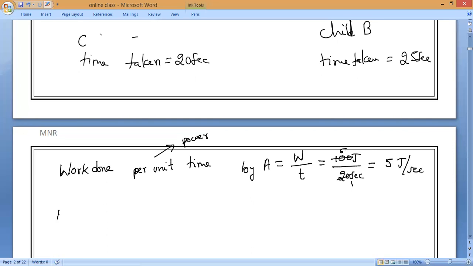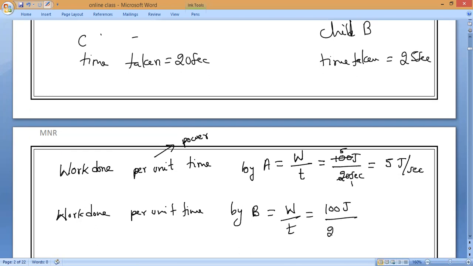Next, work done per unit time by B is equal to W by T, which is equal to 100 joules divided by 25 seconds. So 25 fours are 100, so 4 joule per second.